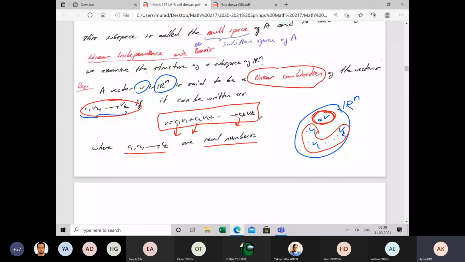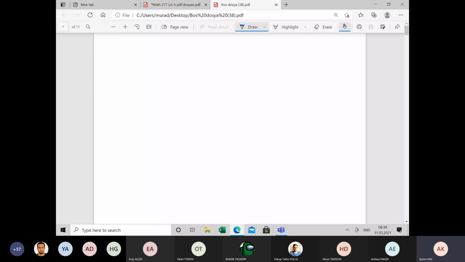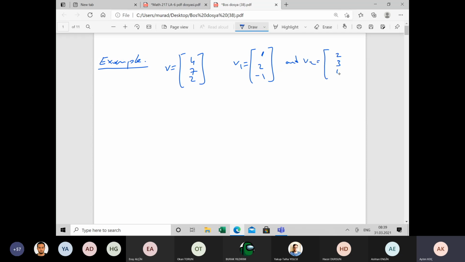For example, take the space R to the 3. Take the vector V as (4, 7, 2), V1 is (1, 2, minus 1), and V2 is (2, 3, 4).